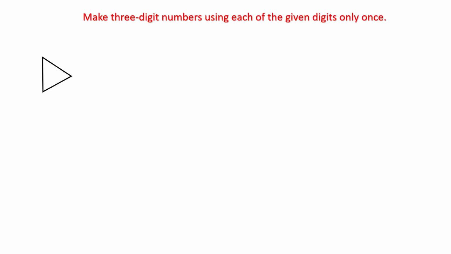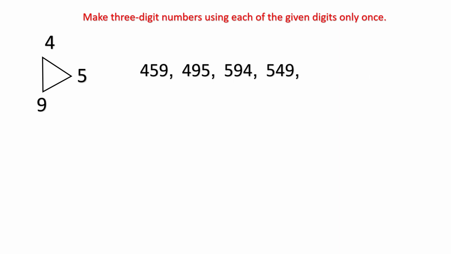Given digits are 4, 5 and 9: 459, 495. From 500 we make 594 and 549. From 900 we make 945 and 954.